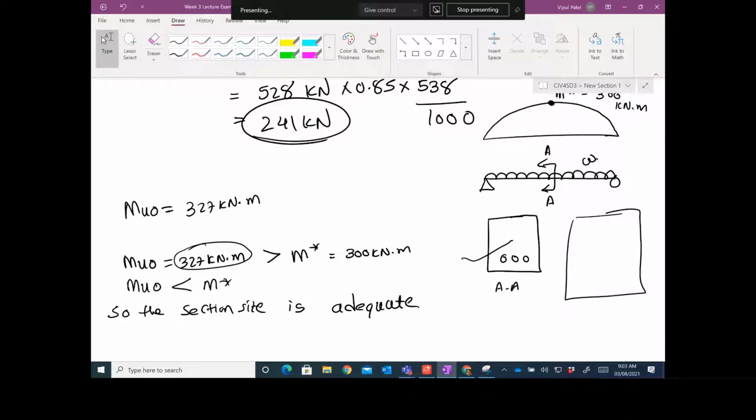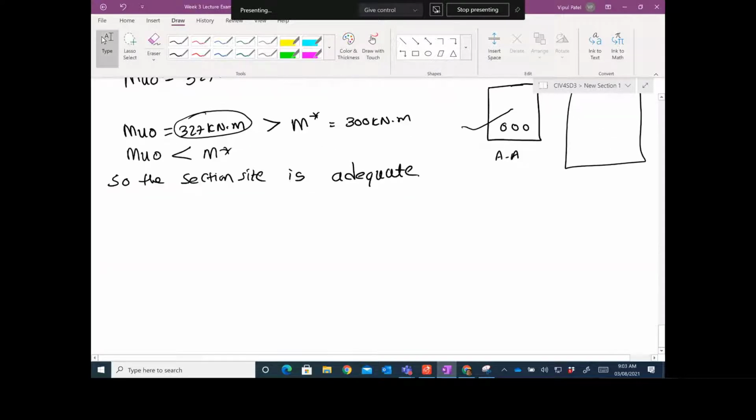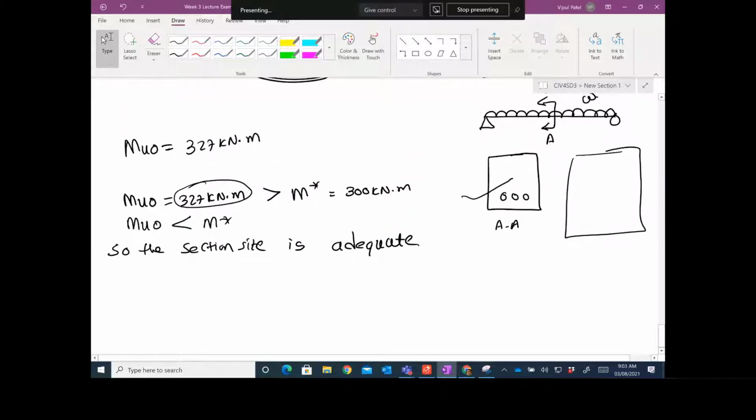Otherwise it will fail for that loading condition. This is the first and most important check that you always do.